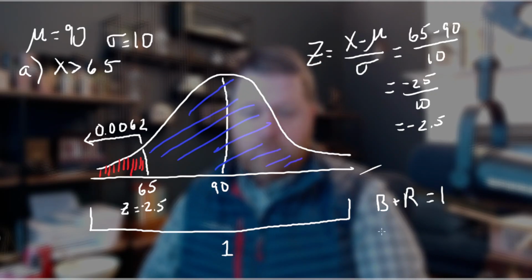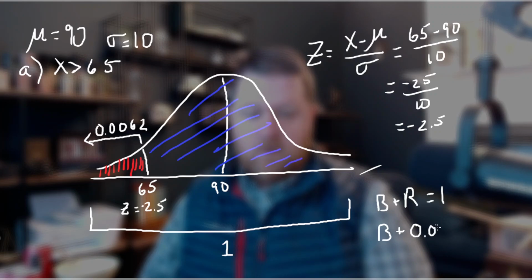Well, the blue, we don't know what that is. The red, we do know what it is. It's 0.0062. And that has to equal 1. Well, we can solve that. This is just saying that blue is equal to 1 minus 0.0062.